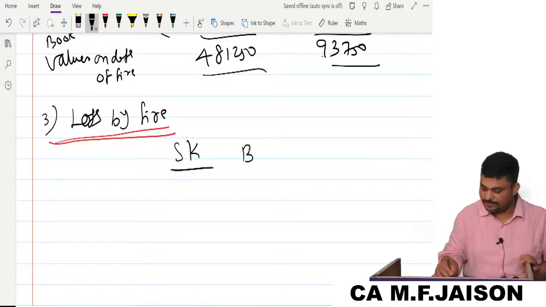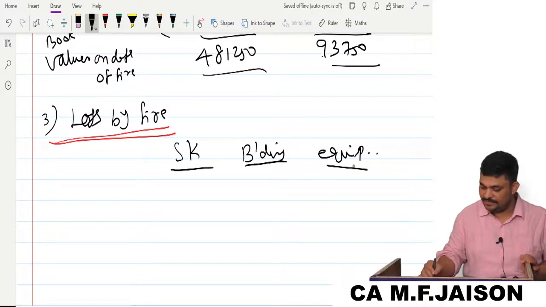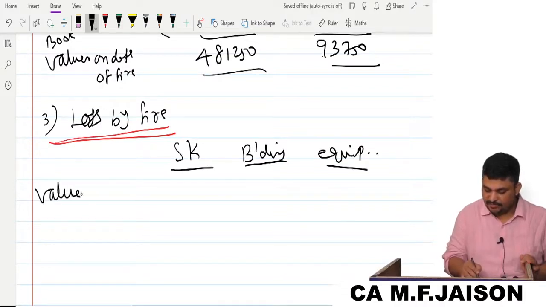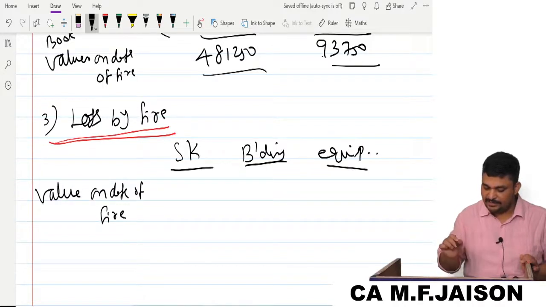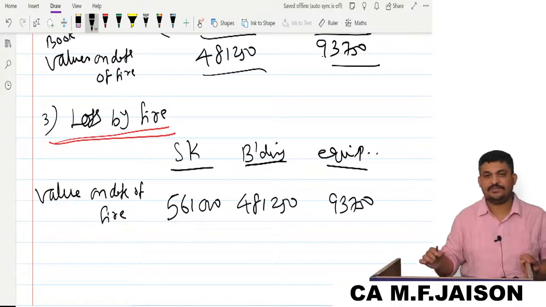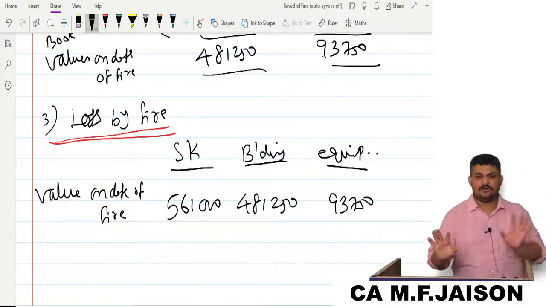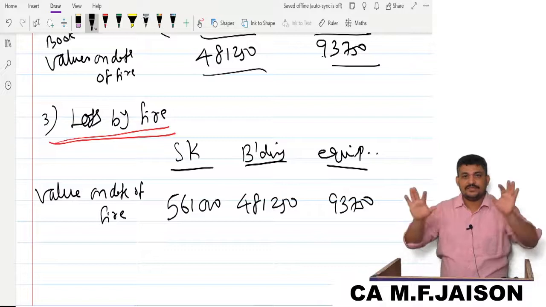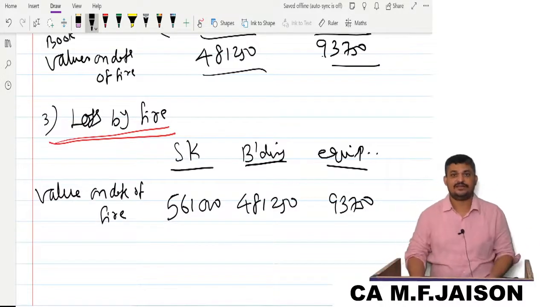Stock, building, equipment. Value on date of fire is 5,61,000, 4,81,250 and 93,750. This is what I had on date of fire. I have demonstrated very clearly from my working.